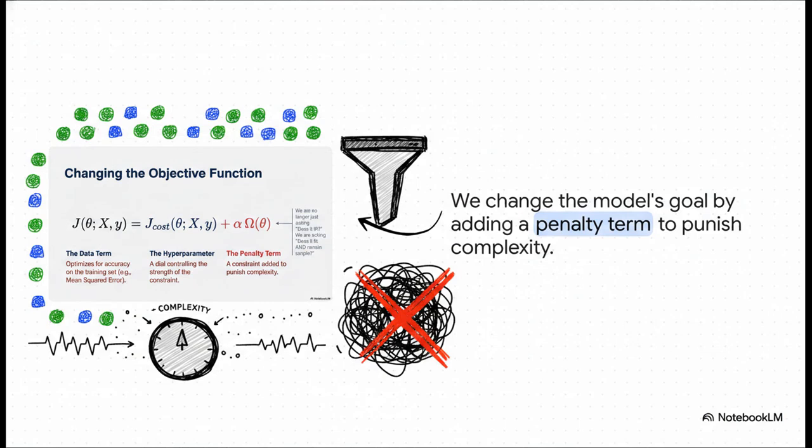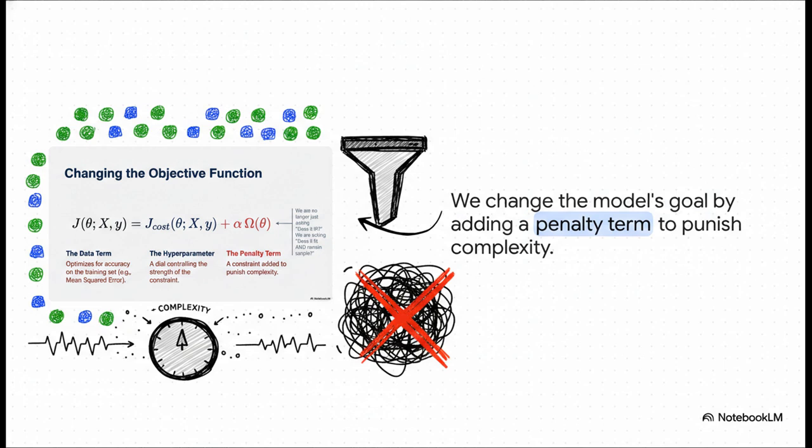Okay, so here's how we change the rules of the game for the model. On the left, you've got the data term. This is the model's original goal. Just be as accurate as you possibly can on the training data. But now, we're adding something new to the equation, this penalty term. You can think of it as a little voice that's constantly fighting against the first one, punishing the model anytime it tries to get too complicated. And that little alpha symbol there, that's our control knob.